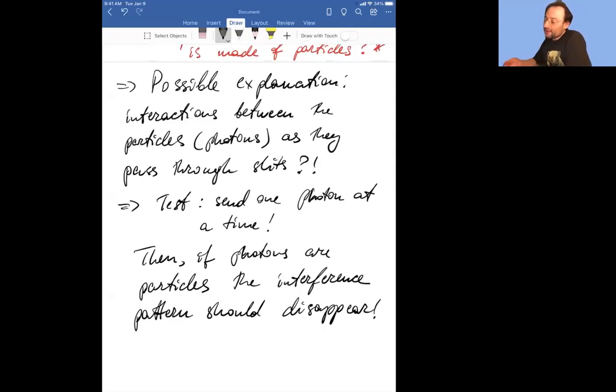In wave theory, you decrease the flux of energy by dialing down the amplitude, dialing down the intensity. And with wave theory, it doesn't matter how small the intensity is. Wave theory would predict that the interference pattern would always be there. It would just get dimmer and dimmer and dimmer. Let me just put that.